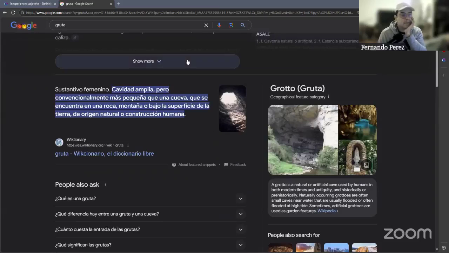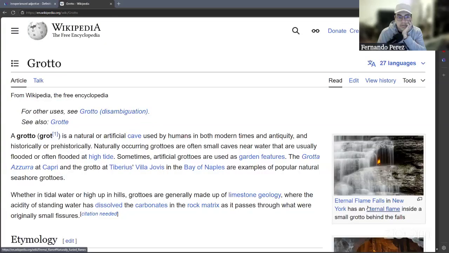I have my Google in English, and it gave me this article: grotto. A grot. Interesting. The pronunciation is grot.